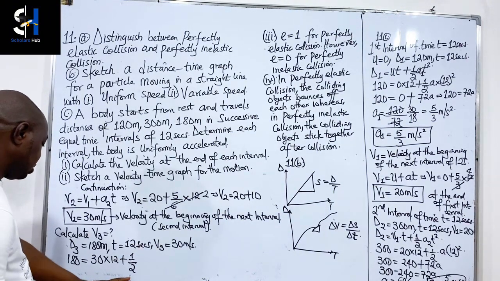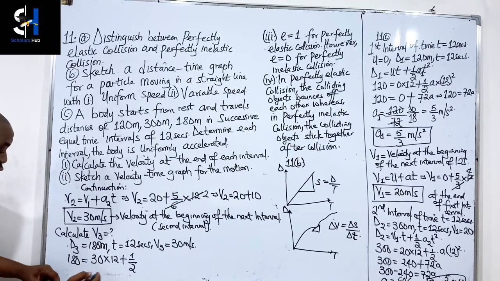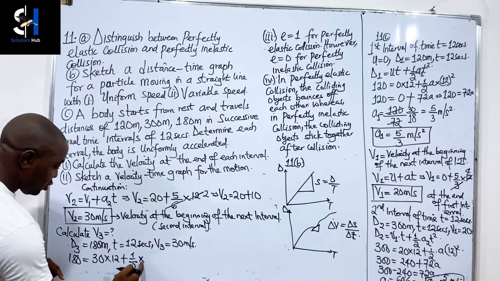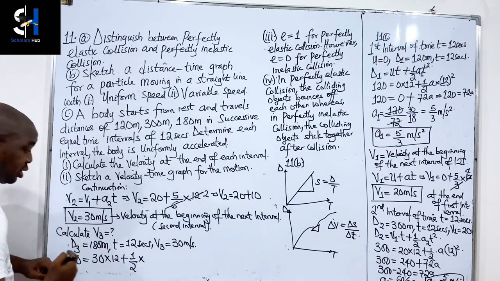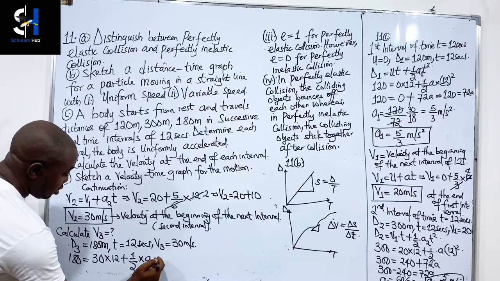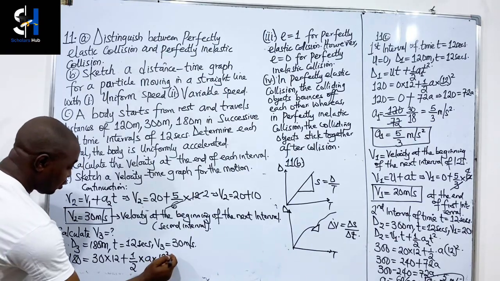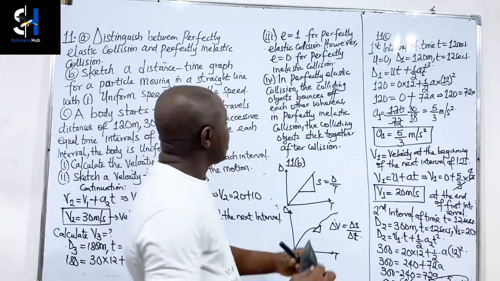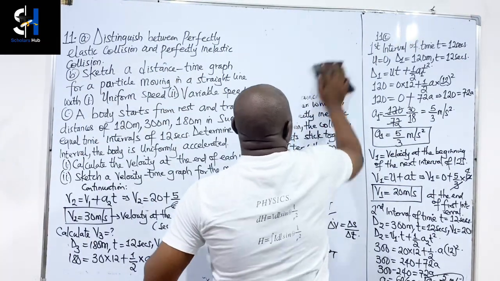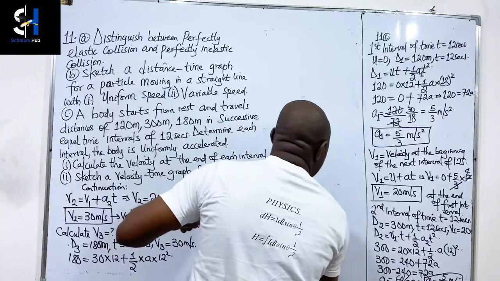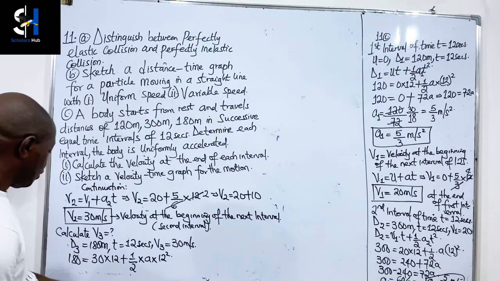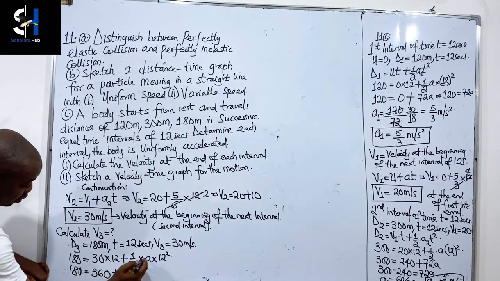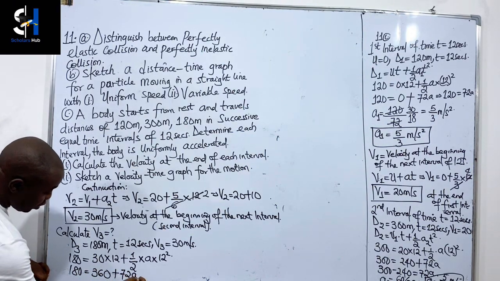So let's calculate the acceleration. One half of 12 will be 6, so one half of the acceleration multiplied by 12 raised to the power of 2. So in this case, this will be 180 equals 360 plus 72a.